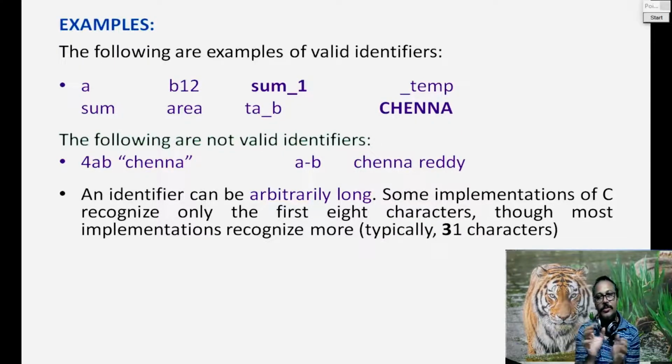These rules are simple rules. You just try to remember. Maybe at initial stages it may be a little confusing, particularly the space. Chenna space Reddy, so space is not permitted. That point you remember.